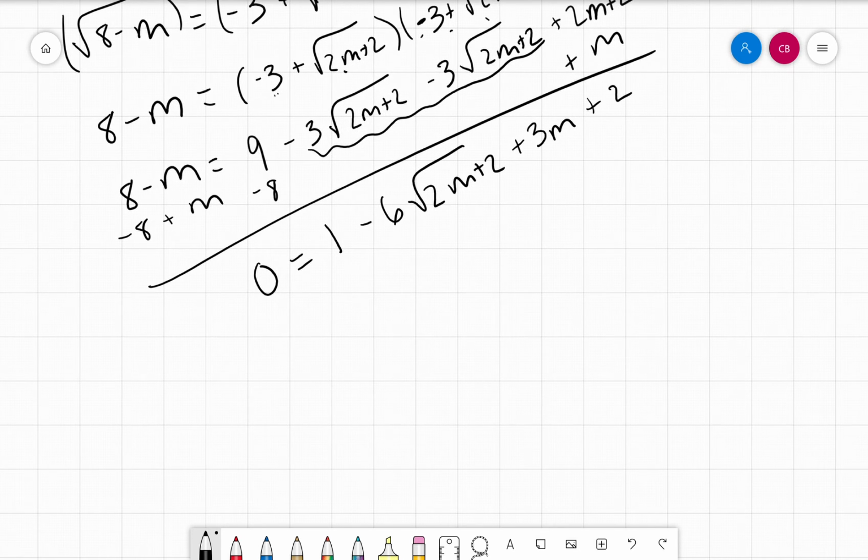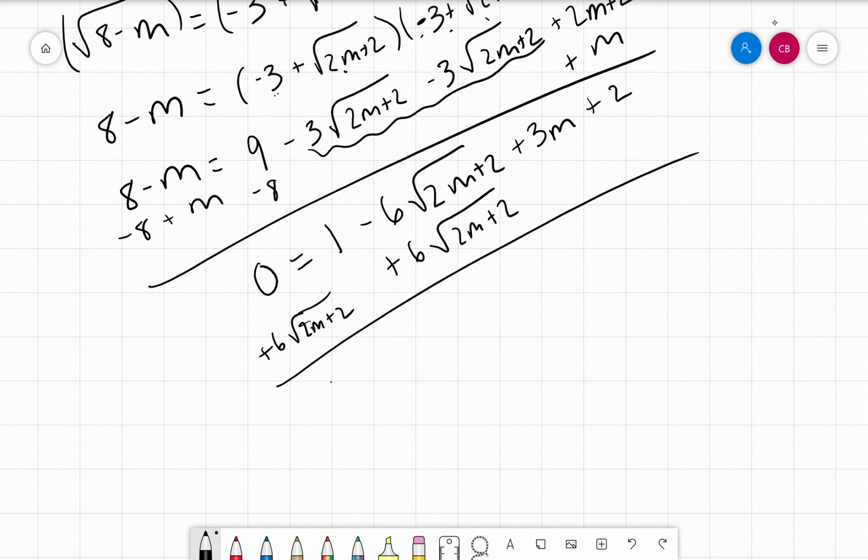So let's move this to the other side, plus 6 square root 2m plus 2. And this gives us 6 square root 2m plus 2 is equal to, we have 1 and 2, so 3 plus 3m.